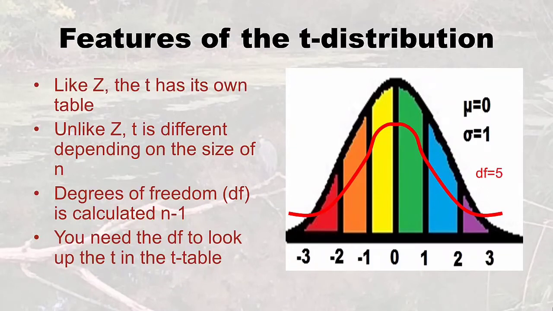See how it gets stretched up more and the tails are not as thick? As you increase your sample size, here let's look at 10, it keeps going up and eventually it's going to meet the Z. But that's why you need to know your degrees of freedom, because you're going to get a different number for T depending on which degrees of freedom you have.